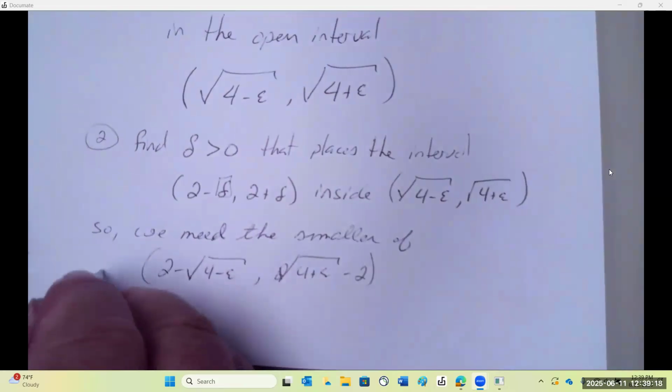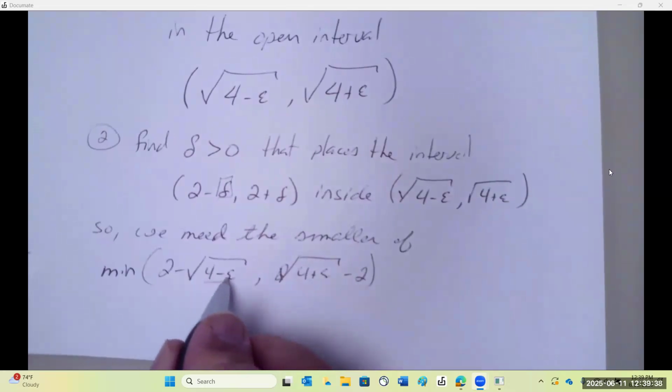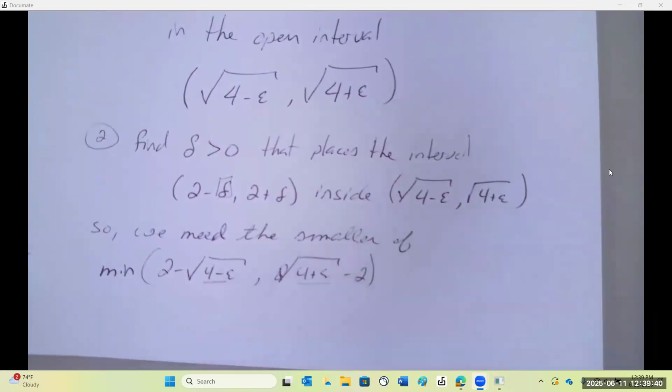The way we do that, we use the min function. In mathematics, we use the min function, which gives the smaller value of the two. So we have the 4 minus epsilon, and the 4 plus epsilon.